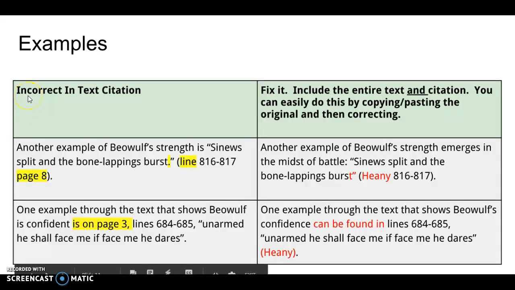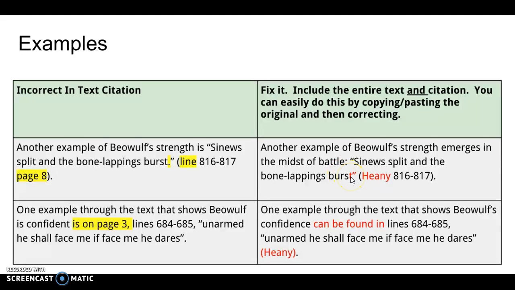So when we look at this, let's look at this incorrect in-text citation. "Another example of Beowulf's strength is sinews split and the bone lappings burst." Then it says line 816 to 817, page 8. There's a lot wrong here.